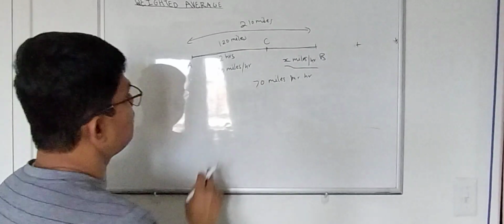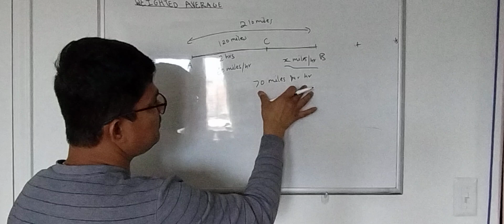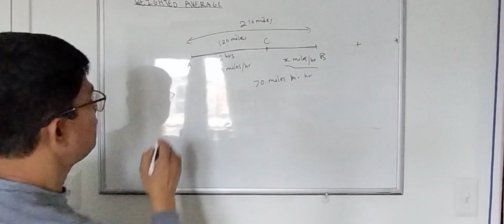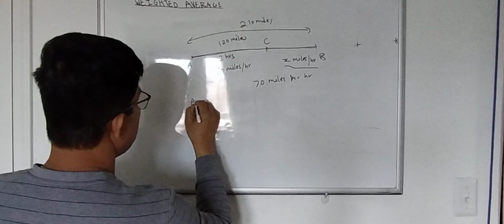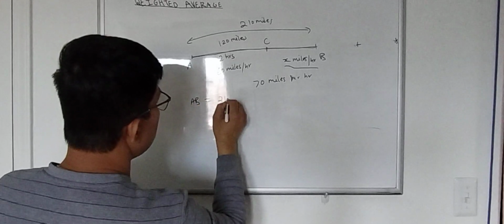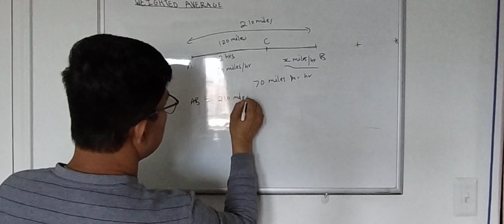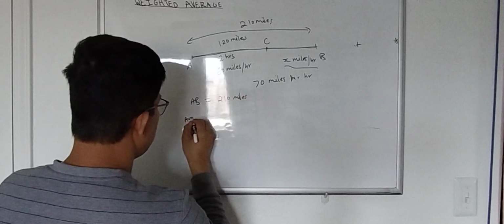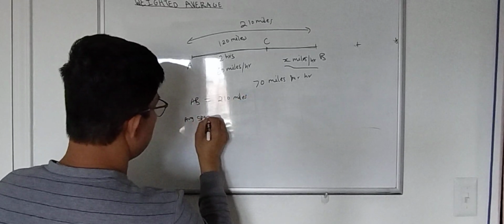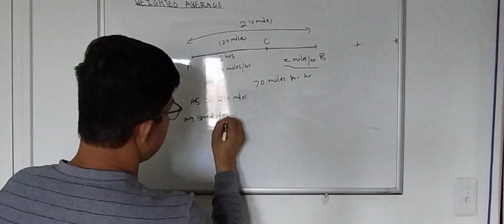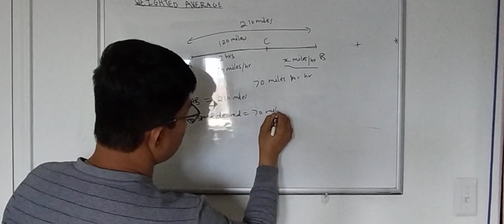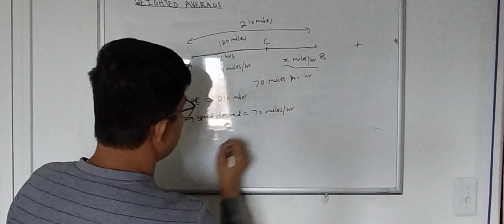Let me write this. A to B is 210 miles, correct? Then the average speed desired is 70 miles per hour.